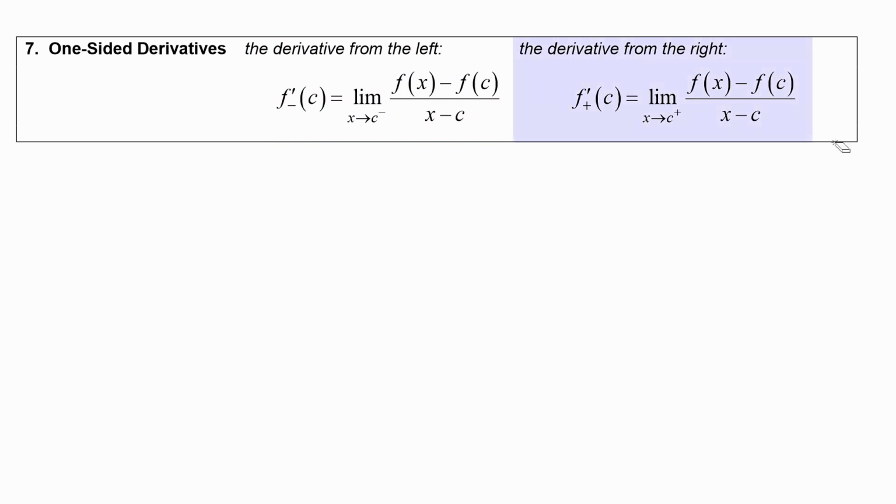Similarly, the derivative from the right, and you could say this f prime of c from the right, or you can say f prime from the right of c is equal to the limit as x approaches c from the right of f of x minus f of c over x minus c. So both of these are using the alternate form of the derivative.